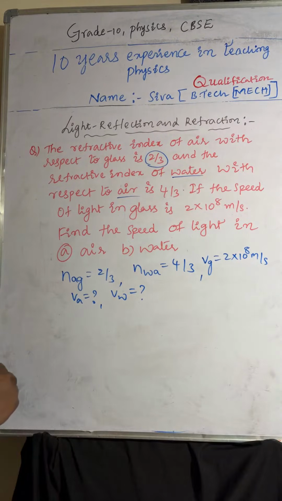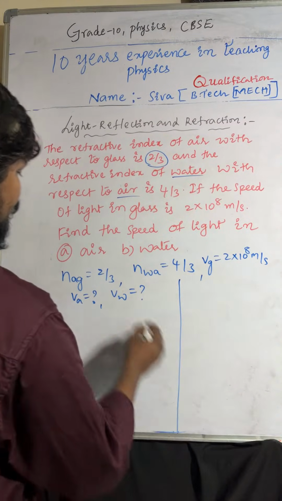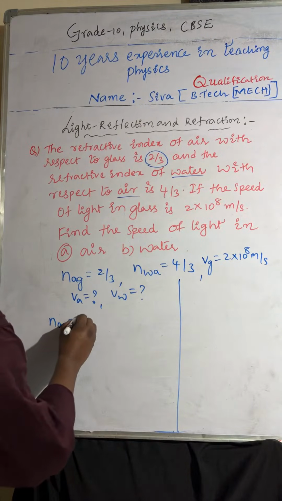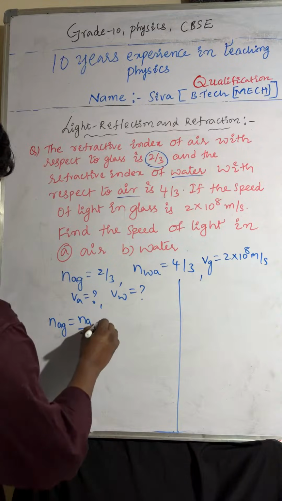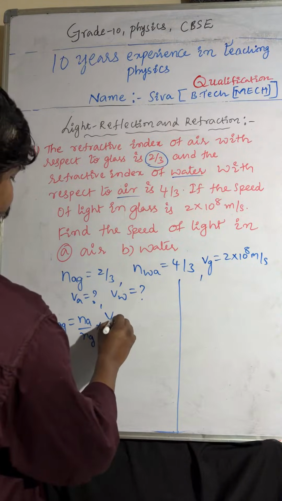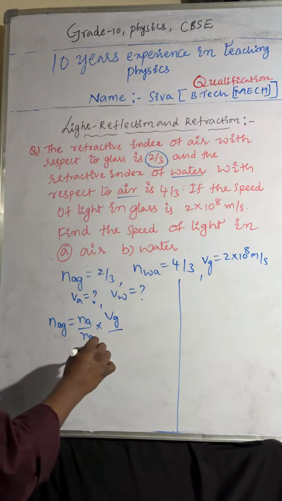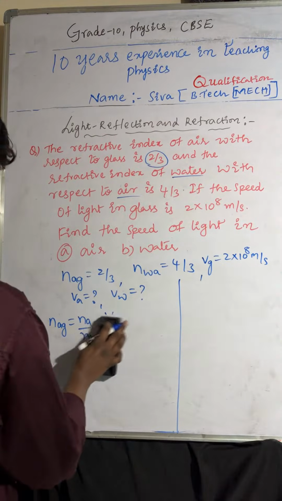So that is the question. For that, first we have to find out. Take n_a by n_g equal to V_g by V_a. We can take the refractive index formula.